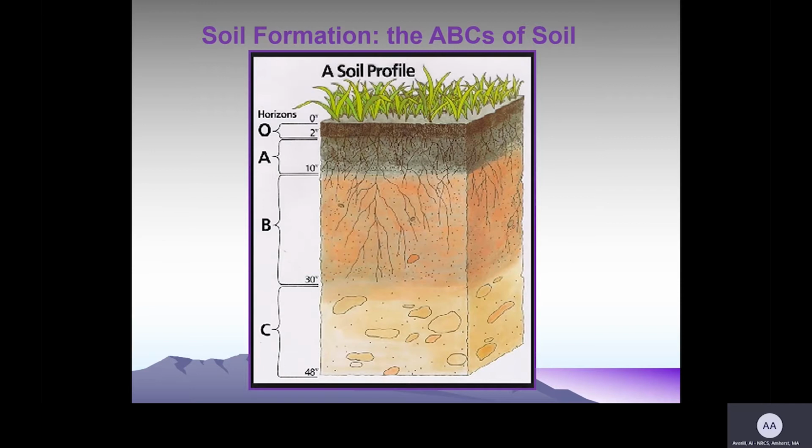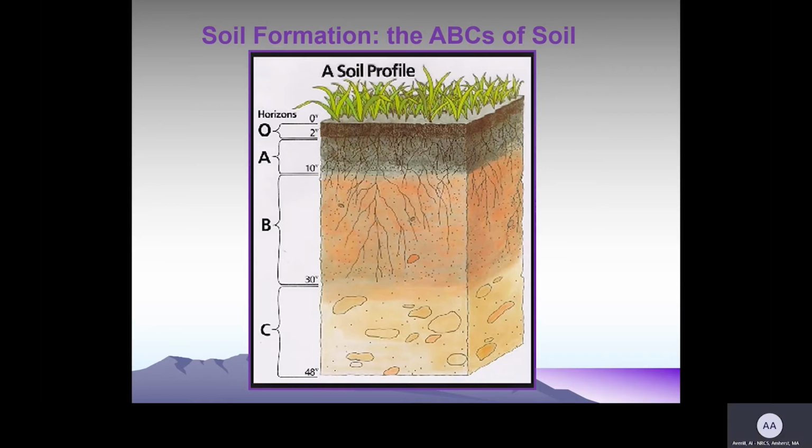Think about it: organic material has much lower bulk density than a sand grain. So 20% is kind of a lot. So a horizon that's predominantly organic material is an O horizon.